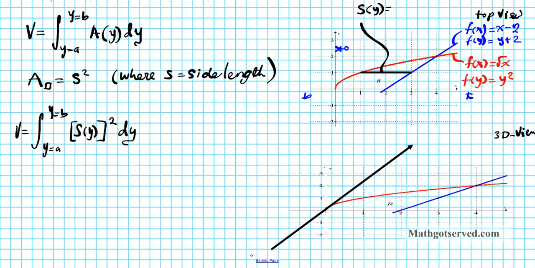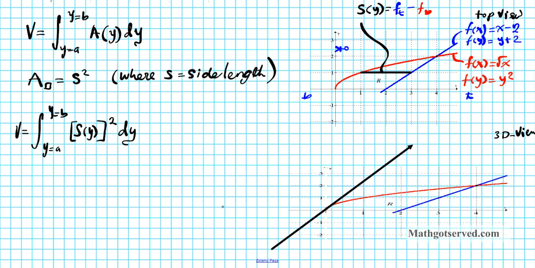the function on the top as a function of y minus the function on the bottom. Okay? So can you tell which function is on the top and which function is on the bottom? The function on the top, if you're slicing horizontally, is going to be a linear function, the blue one. And then the function on the bottom will be the red one. Okay?